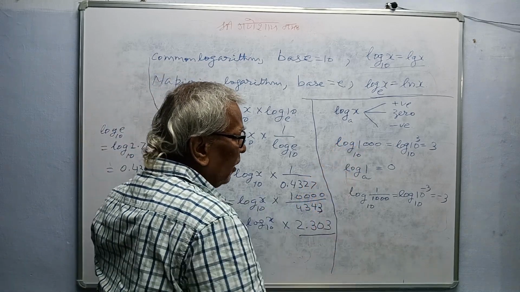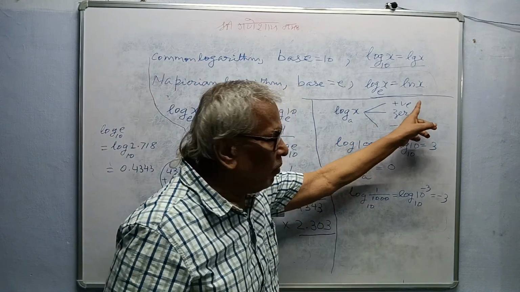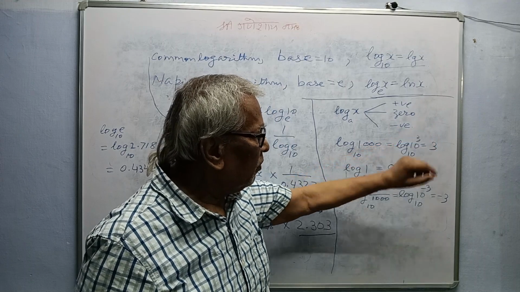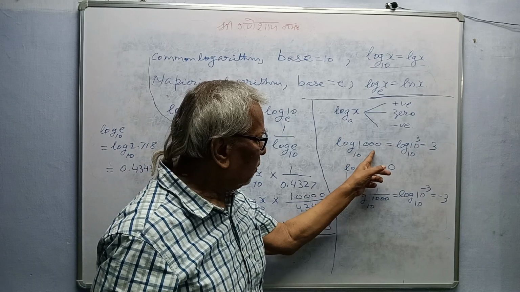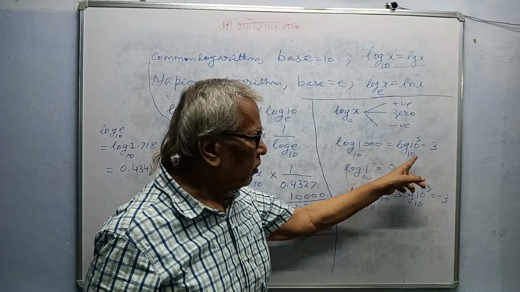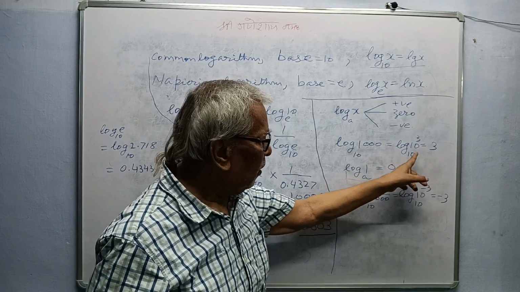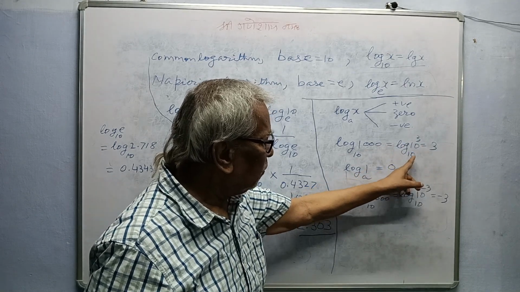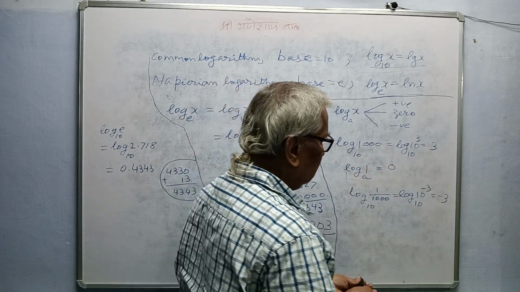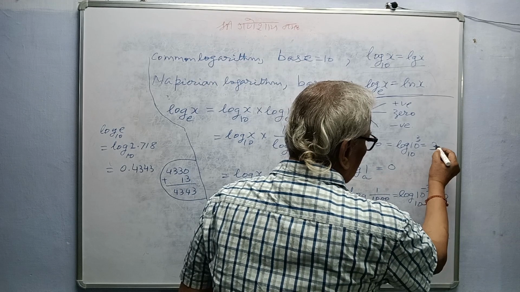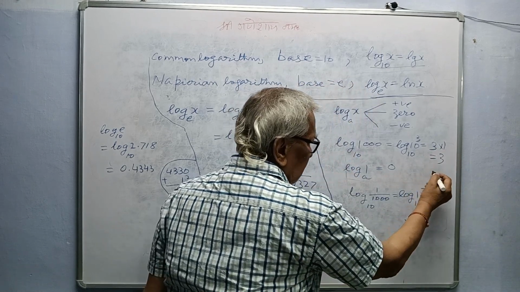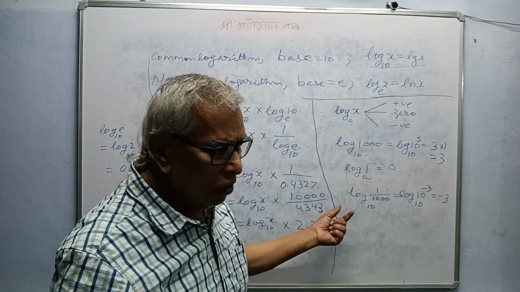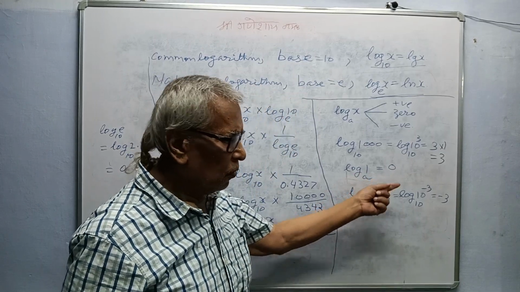Now log x to the base a can have positive values, 0 or negative values. For example, log 1000 to the base 10 is equal to log 10 to the power 3 to the base 10. So this is 3, and log 10 to the base 10 is equal to 1. So this is positive. Now we know log 1 to the base a is equal to 0.